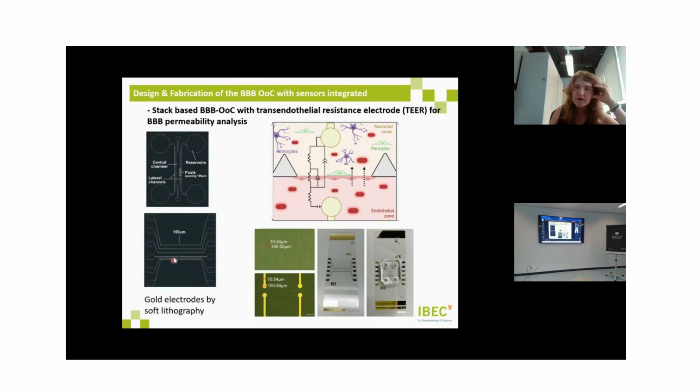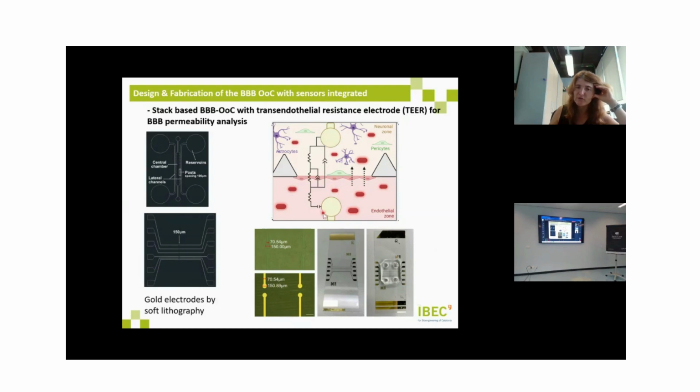The functionality of the electrodes is basically for measuring. So here are the stacks that I commented. Here is the brain area where we have the pericytes and astrocytes, and here is growing the endothelial barrier between these stacks that have 100 micrometers of distance. And for analyzing the creation of this barrier, we are also fabricating electrodes on each side of this barrier.